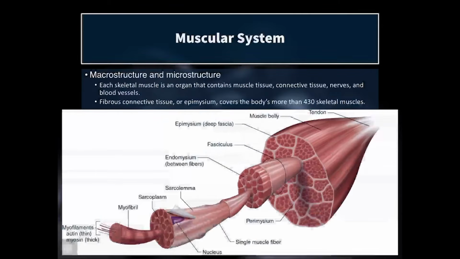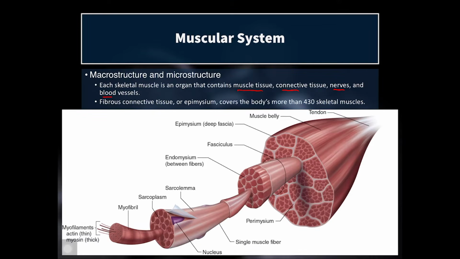So each skeletal muscle is in itself an organ that contains primarily muscle tissue, but also connective tissue, nerves, and blood vessels, right? So this tissue needs to be innervated, it needs to have blood flow for oxygen, obviously, and then also to remove waste products, and it needs connective tissue to kind of hold it all together and give it a resiliency.